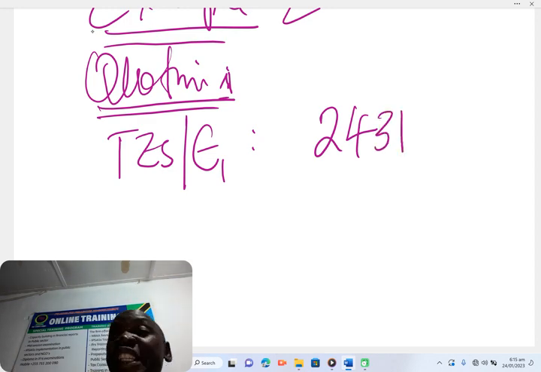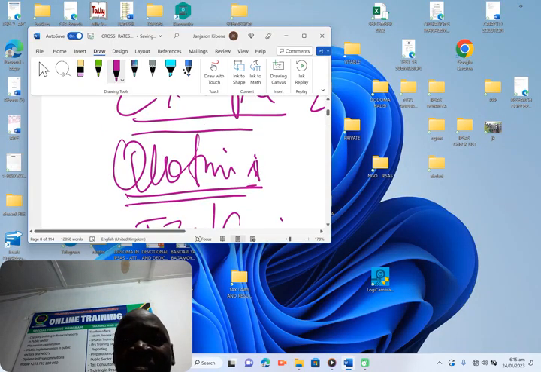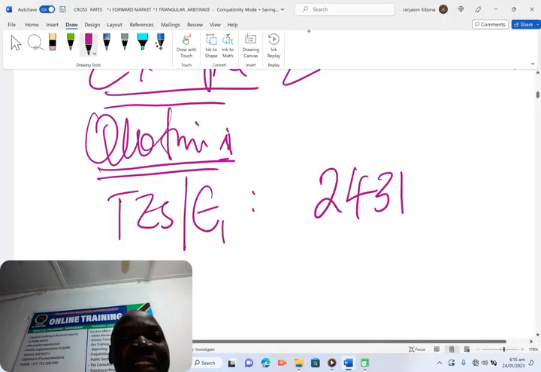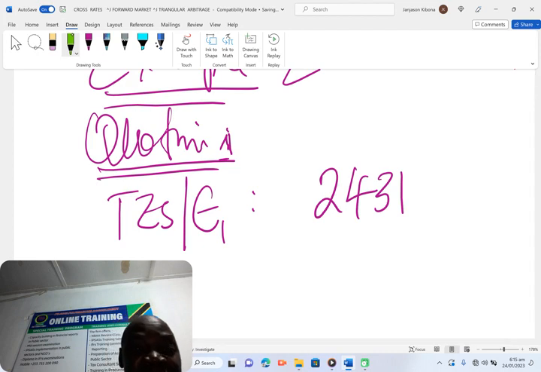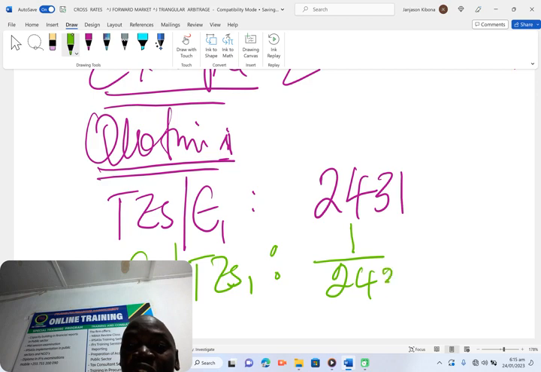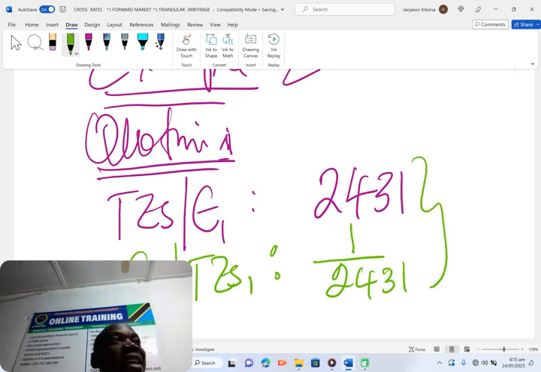What is a reciprocal from here? A reciprocal now is as follows, and this is very important. It is euro stroke TZS 1. The reciprocal is 1 over 24.31. Am I clear?